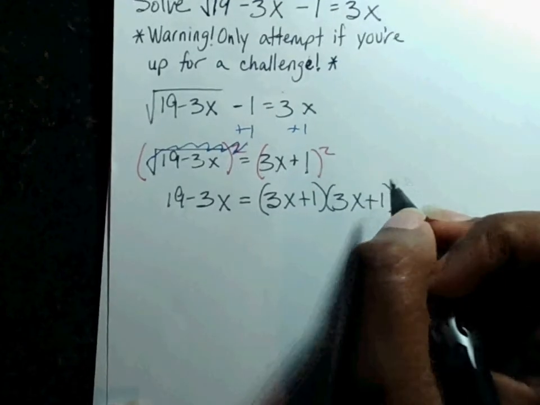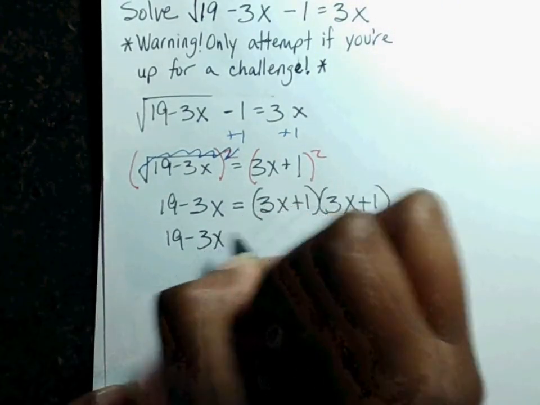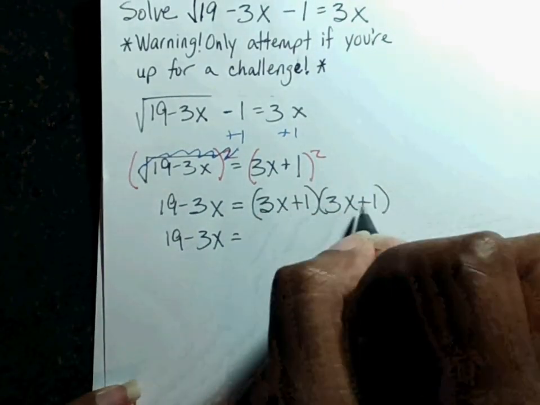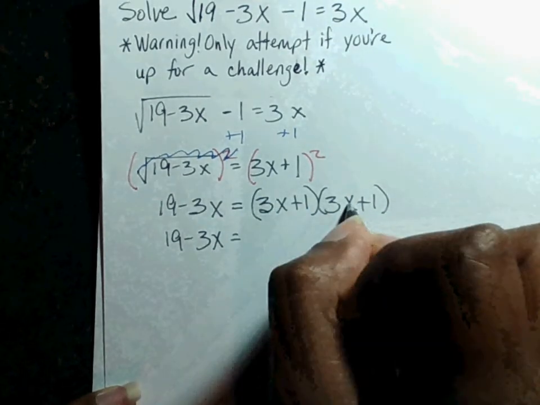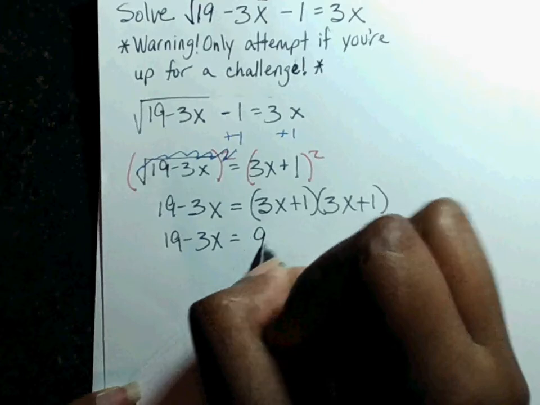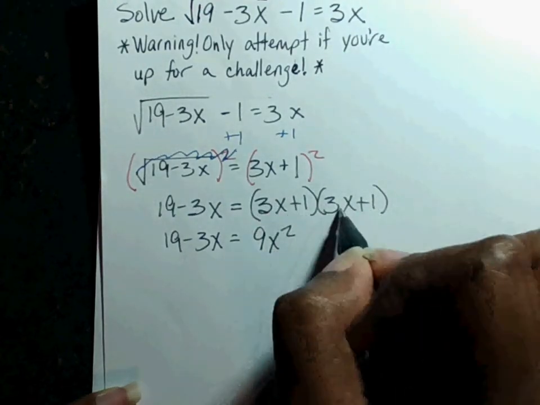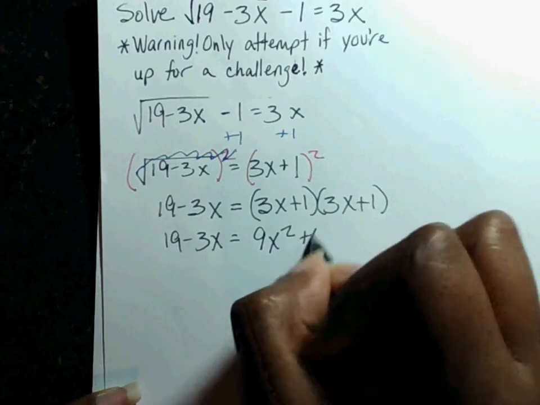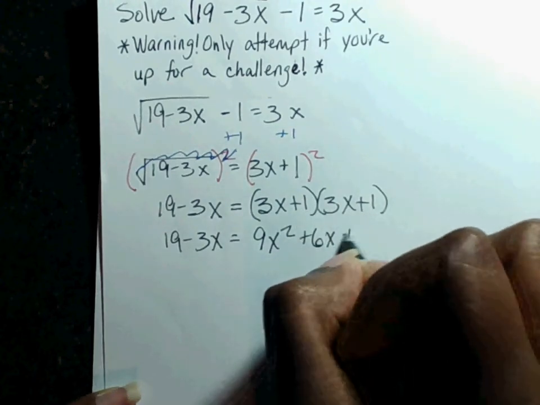Okay? So now, when you do this, you end up with 3x times 3x, 9x squared, 3x times 1, plus 3x times 1, 1 times 1.